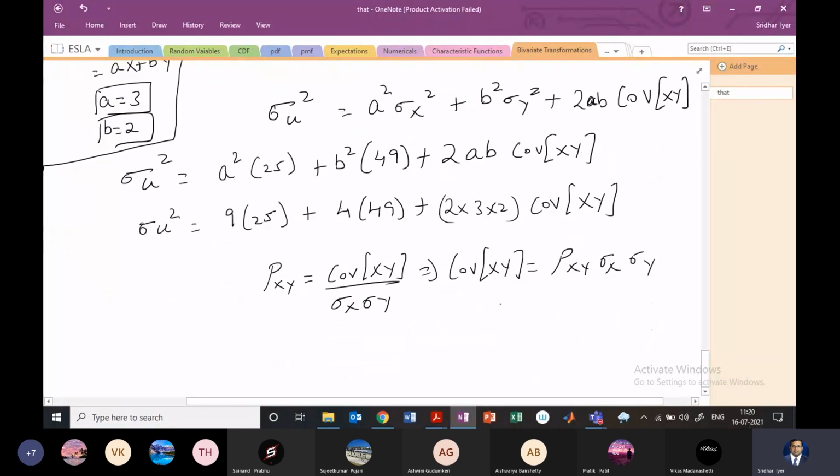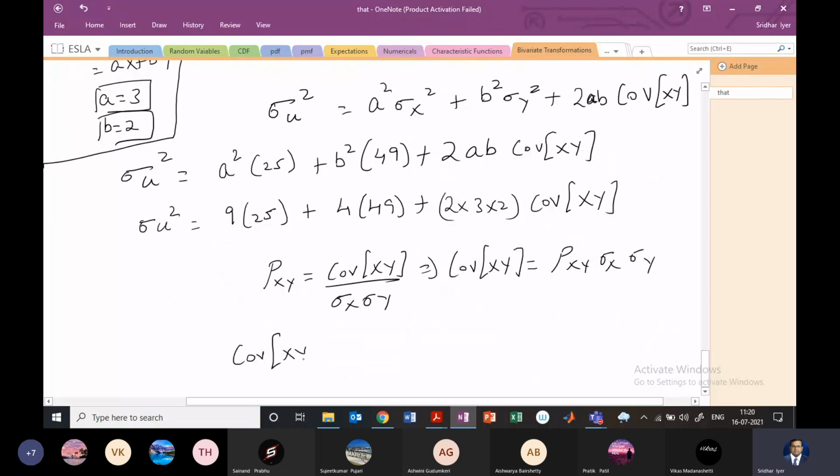So covariance of xy is rho xy, which is negative 0.7, into sigma x, sigma y. Sigma x is 5 and sigma y is 7. Therefore what we'll get is negative 0.7 into 35, which turns out to be negative 24.5, right?